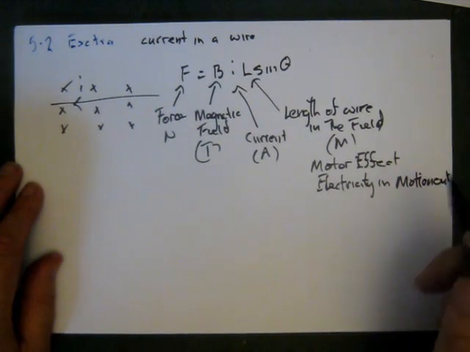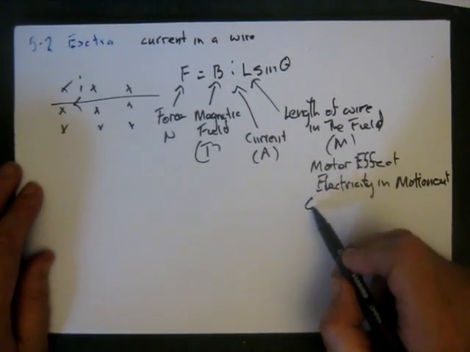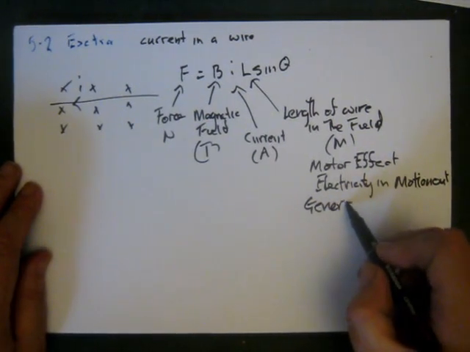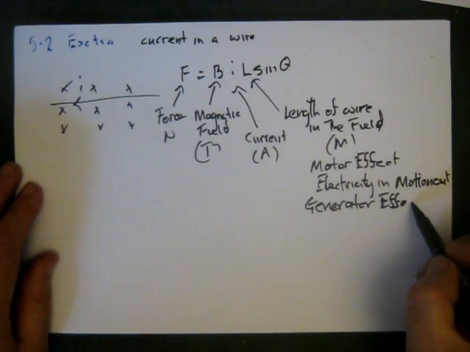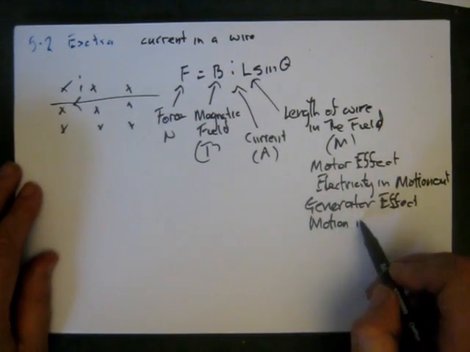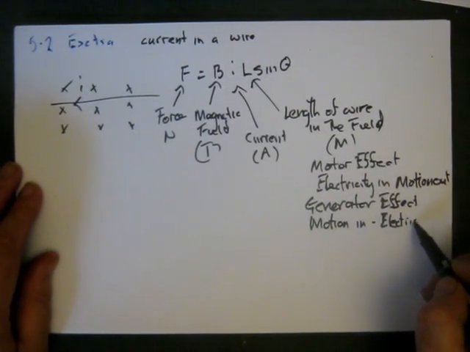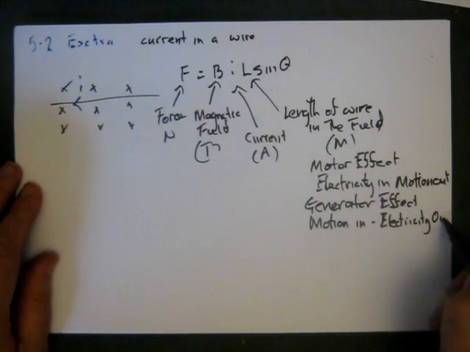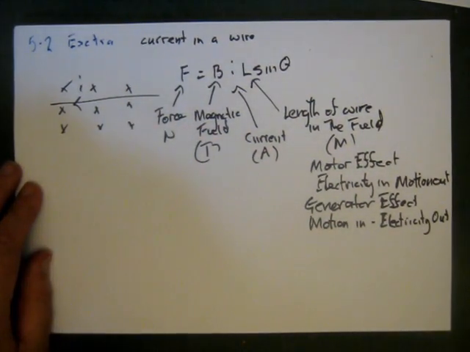So if you put in electricity and it causes it to move, then it's the motor effect. We also get the generator effect, which is the exact opposite. In the generator effect, we stick motion in, and we get electricity out. So these two are opposite effects to each other. So this is the motor effect.